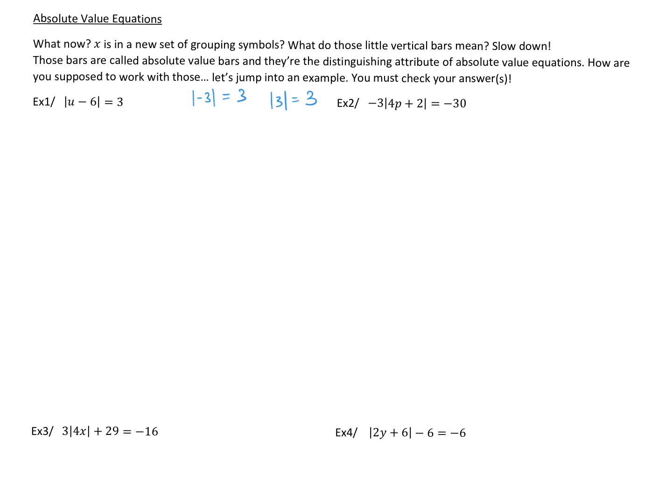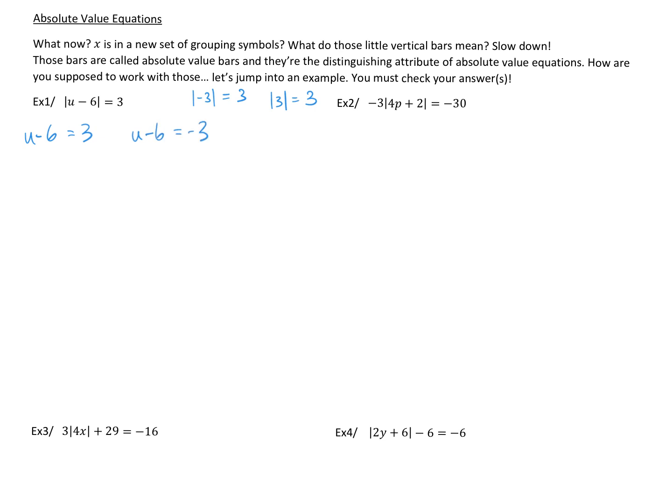How does that work with the equations? Well, when there's a variable in the equation, you will need to consider both of those numbers, the -3 and the +3. The only way this absolute value can equal 3 is if the inside equals 3 or the inside equals -3.